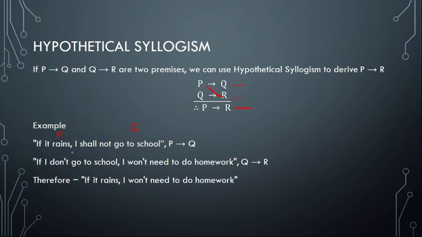So, that is Q. Therefore, the conclusion: if it rains, I won't need to do homework. So rain is the P.